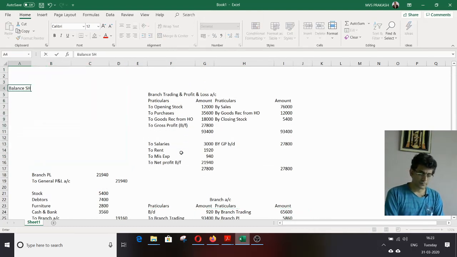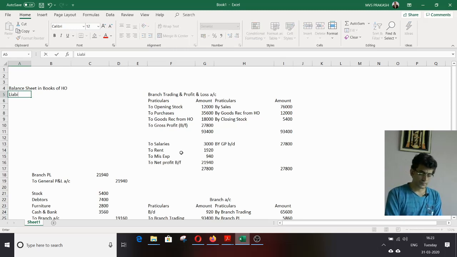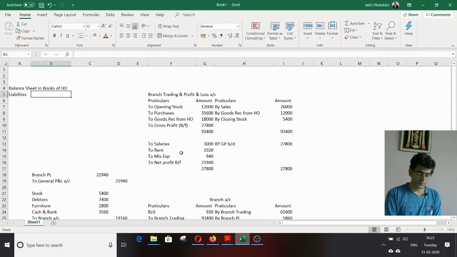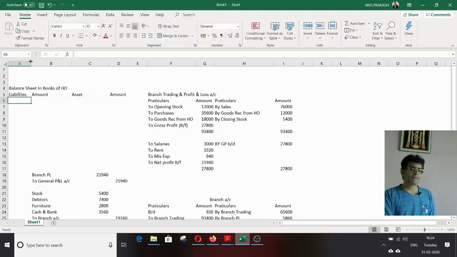Balance sheet in books of head office. Liabilities, amount, assets, amount. So these are the four things which you have as a part of your balance sheet.